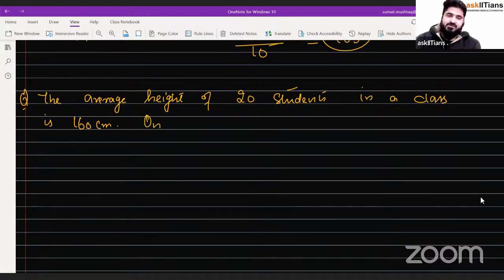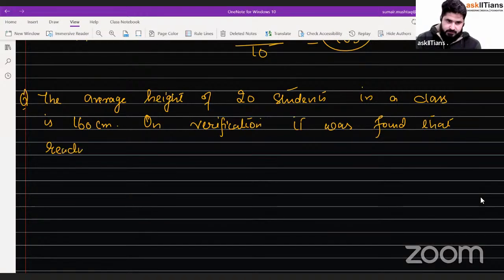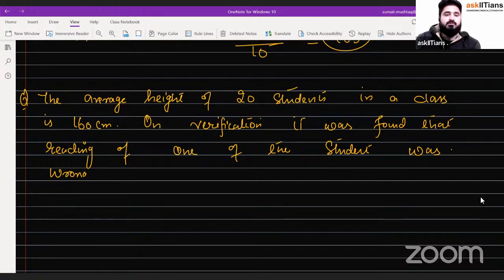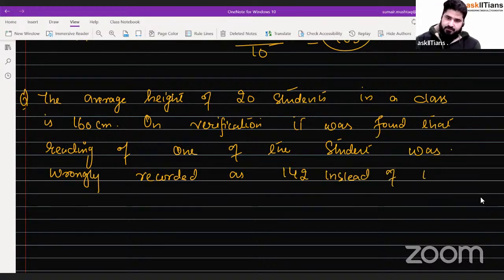On verification, it was found that a reading of one of the students was wrongly recorded as 142 instead of 152.